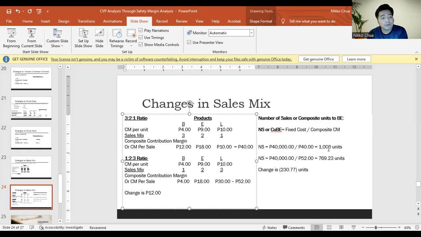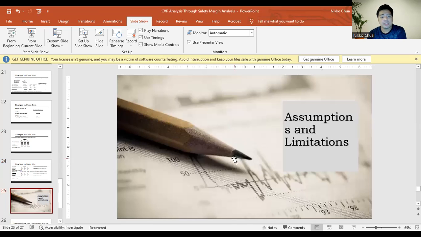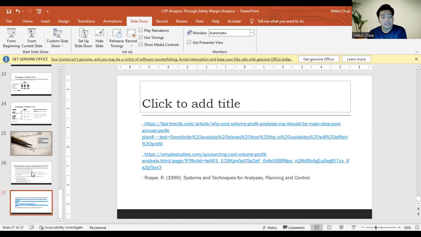So we will have 1,000 units. Yung sa bago po, yung sa changes natin, that is 52 peso, 40,000 over 52 peso, we will have 769.23 units. So there is a change of 230.77 units.